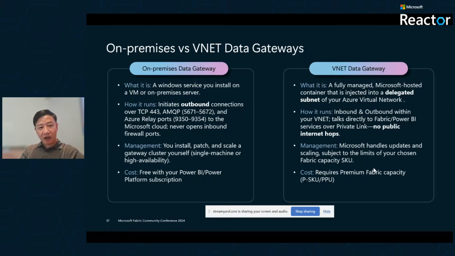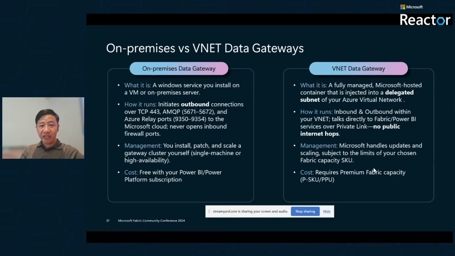Second, how it runs. The on-premise data gateway is running on a VM, which is not a Microsoft-managed asset, so it uses Azure Relay technology. You need to open some outbound ports to make sure it can connect to the Microsoft cloud, and you also need to whitelist some DNS names, service tags, or IP addresses.